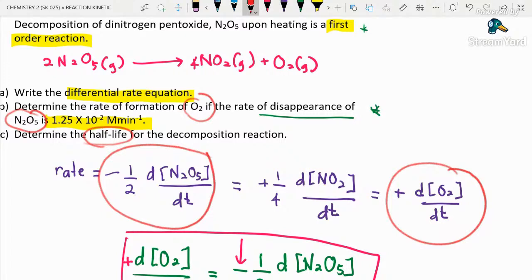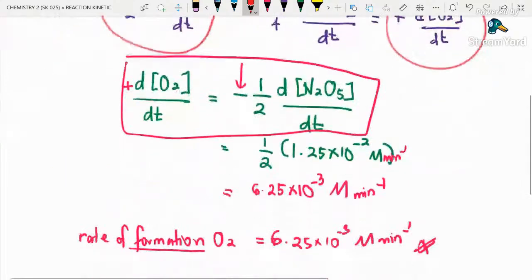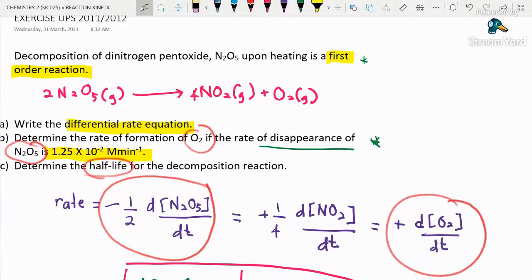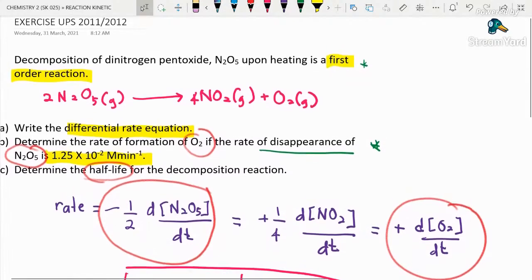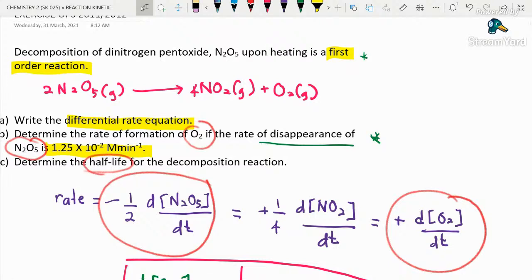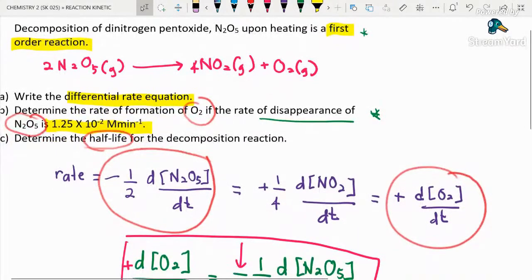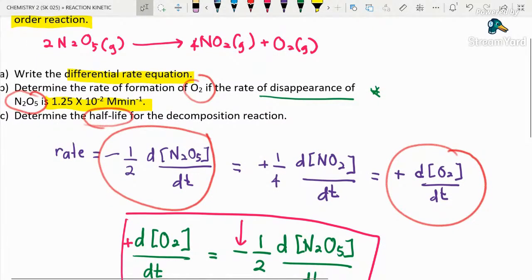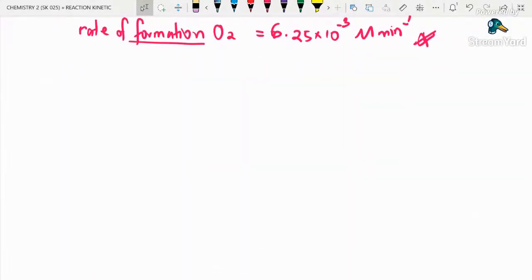Okay, use the integrated rate law. So if it is first order, what is its half-life? First order half-life is ln 2 over K. Okay, where do we find the value of K? Okay, we look at its rate law, rate equals K concentration of N2O5.